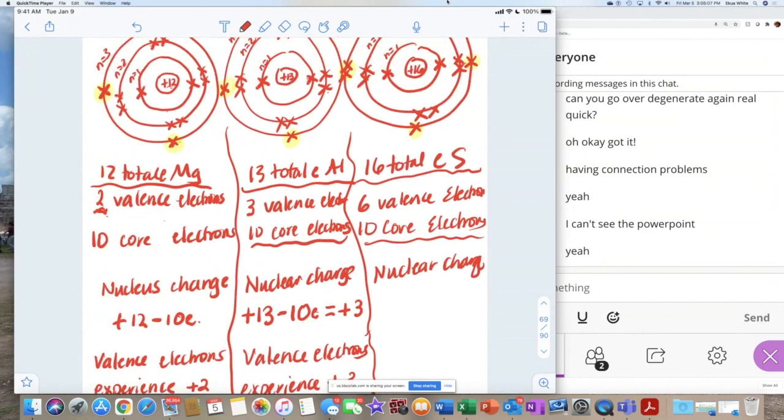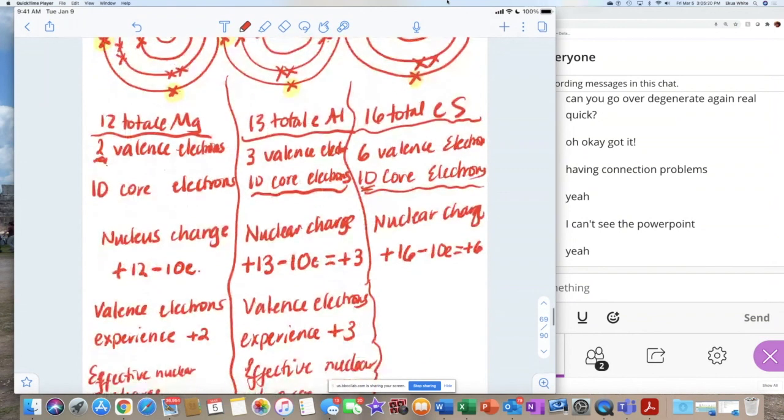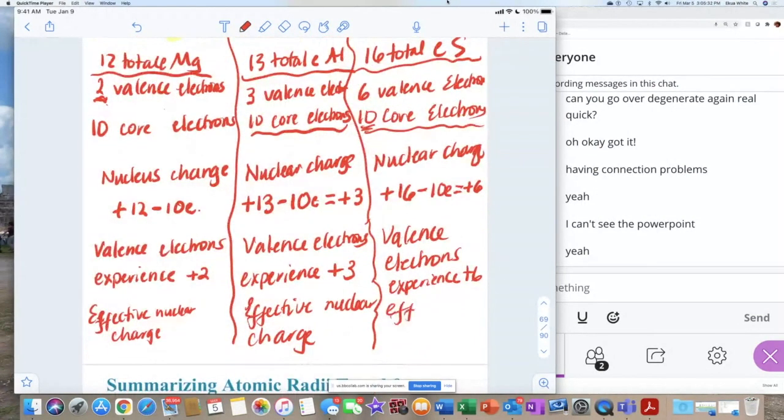The nucleus is plus 16, but we still have 10 core electrons. So you have minus 10 electrons because of the core. And so the valence electrons experience a plus 6 charge. So valence electrons experience plus 6 effective nuclear charge.